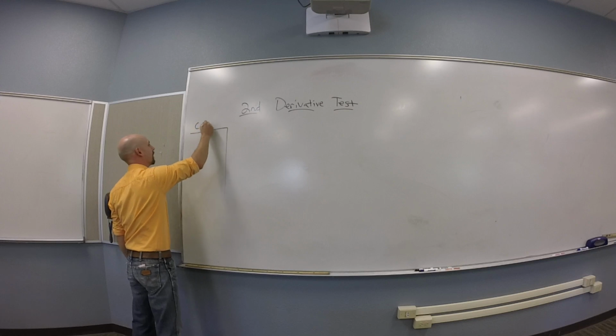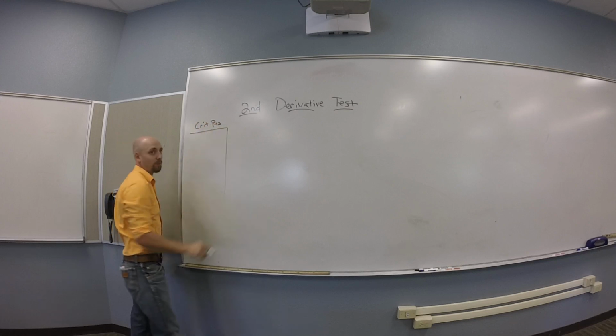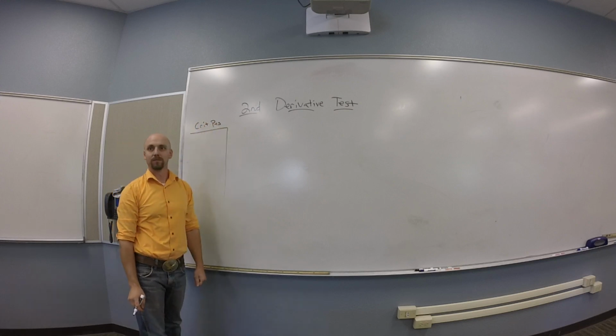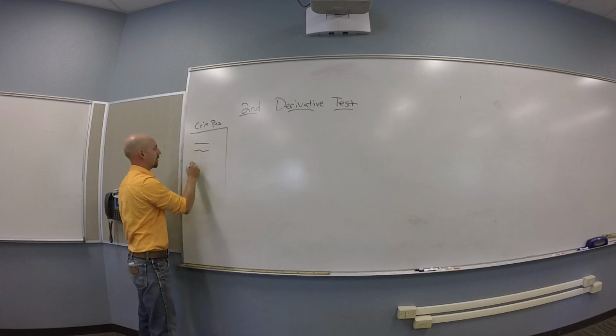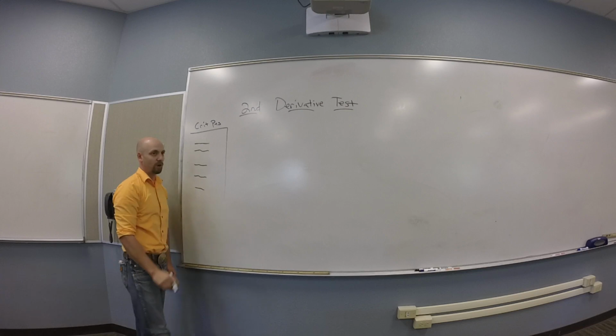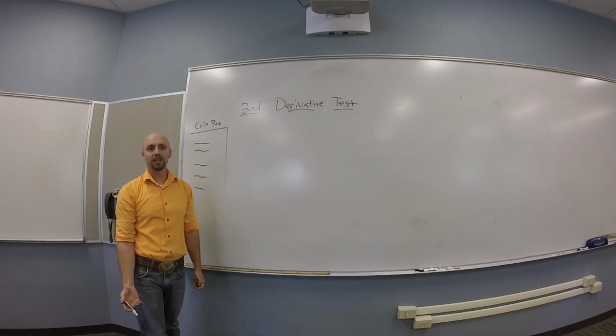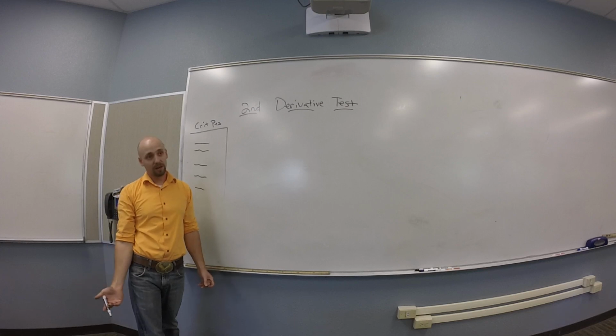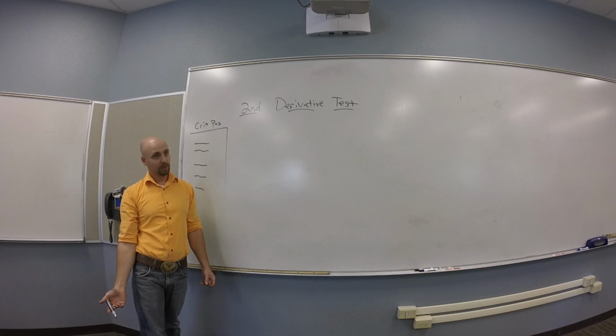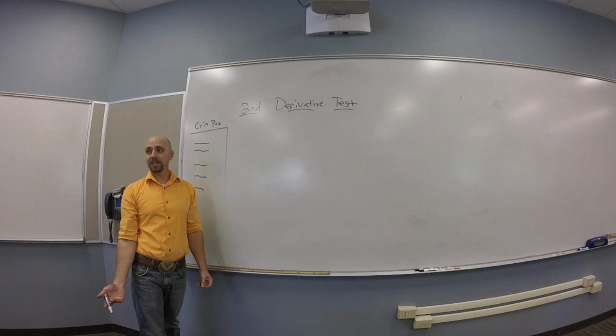I have some kind of list of critical points, and what I need to decide is which ones are local maxes, which ones are local mins, and which ones are saddles.